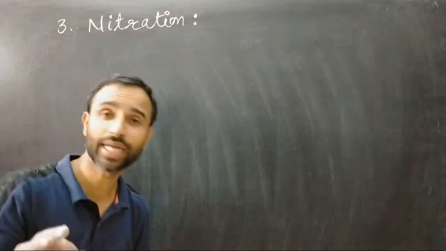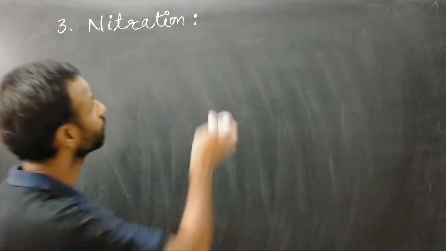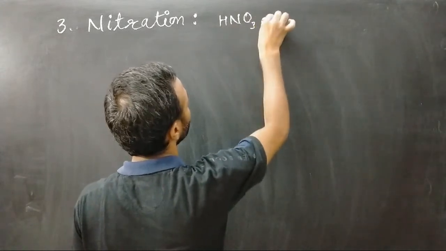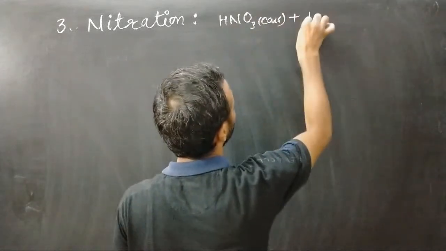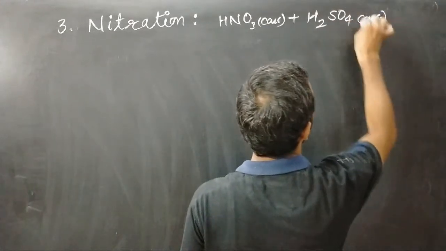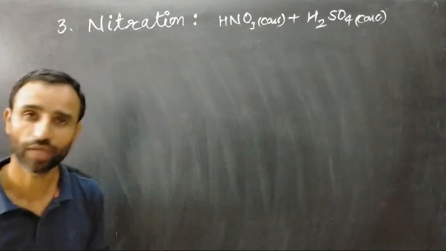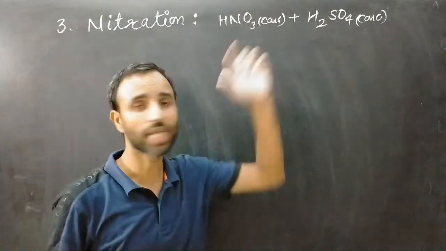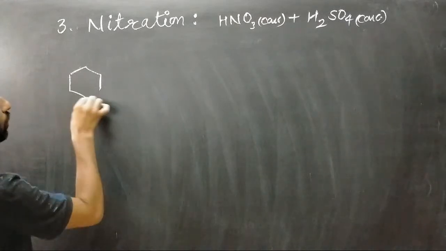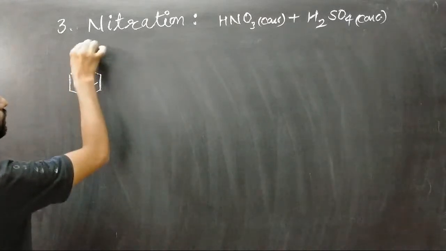It is nitric acid and sulfuric acid. Nitration takes place in the presence of concentrated HNO3 and concentrated H2SO4. When this nitrating mixture is used, phenol is a highly activating group.